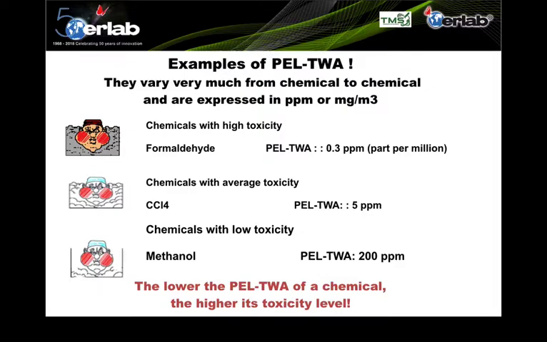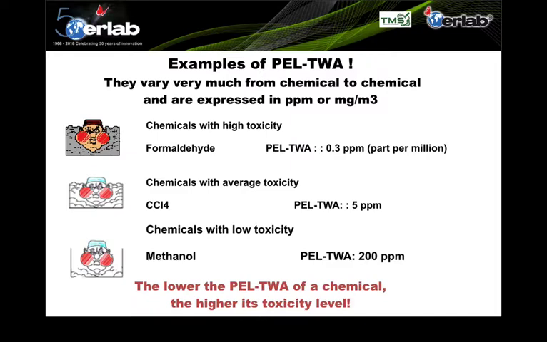Chemicals with high toxicity, for example formaldehyde, have a PEL-TWA of 0.3 ppm, parts per million. This basically means that within 8 hours, a person cannot be exposed to more than 0.3 ppm of formaldehyde. A chemical with average toxicity, for example carbon tetrachloride, has a PEL-TWA of 5 ppm.